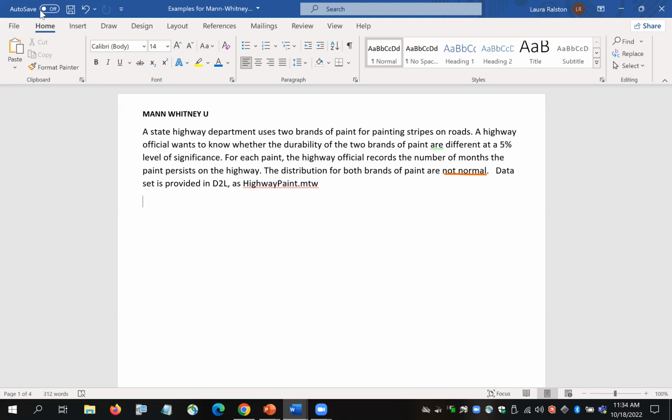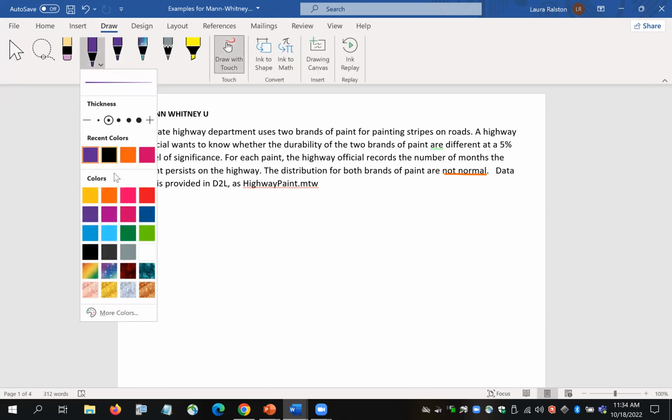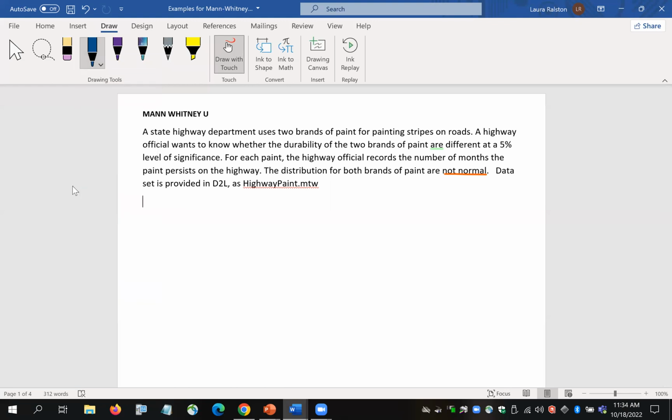Okay, but my first step in the hypothesis test, even for the non-parametric test, is to state the hypotheses. It is still true that your null hypothesis will contain an equal in some format, and the alternative will not contain an equal.